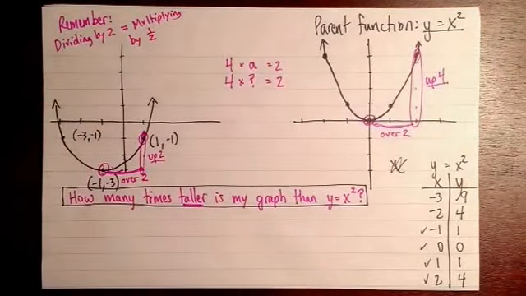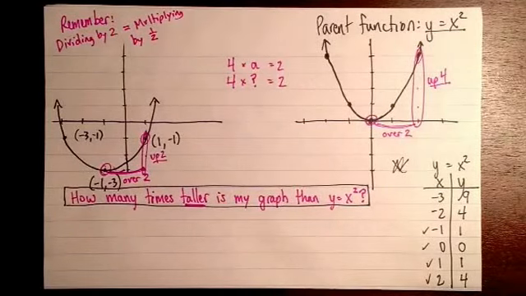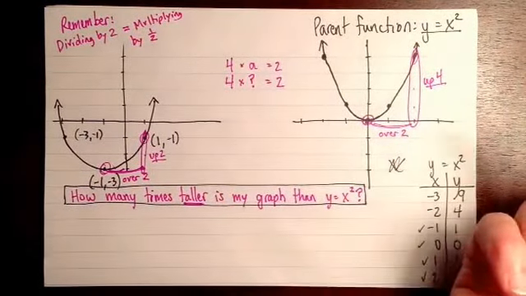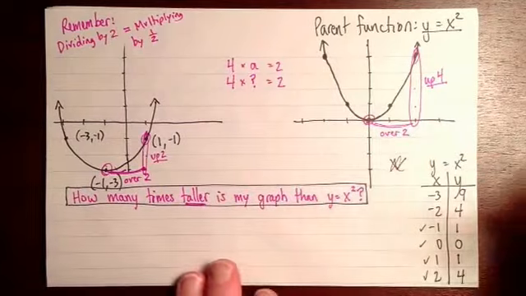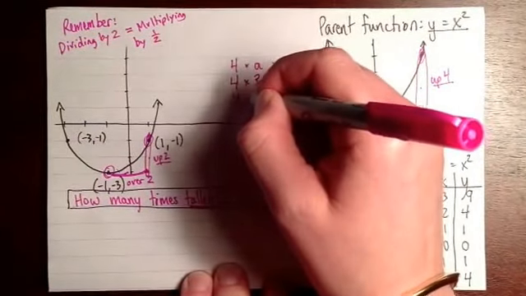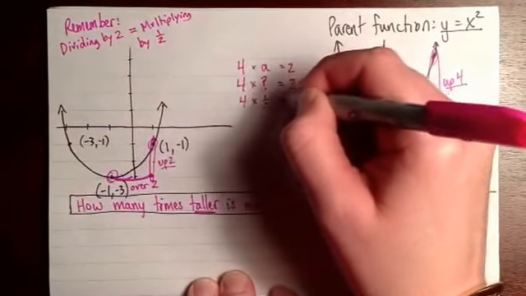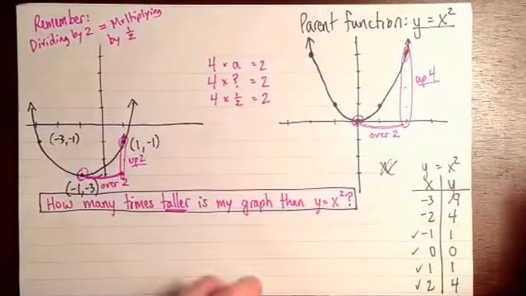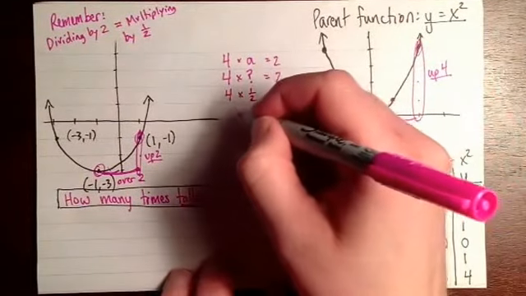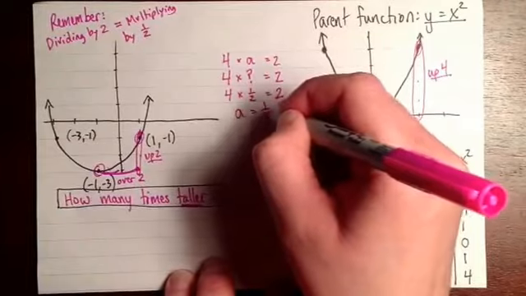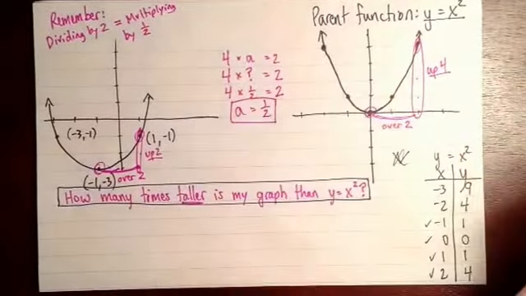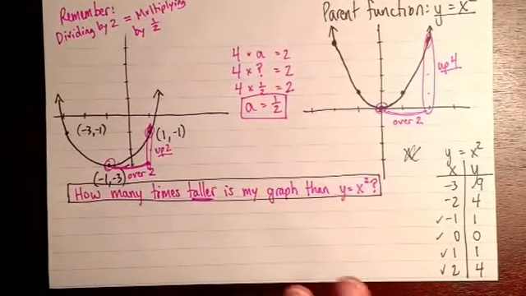Okay, similarly, dividing by 3 is the same as multiplying by a third. So we want to multiply by something, we want to know how many times taller it is. So it's 4 times a half gives us 2. So that means that our a value here is 1/2. Okay.